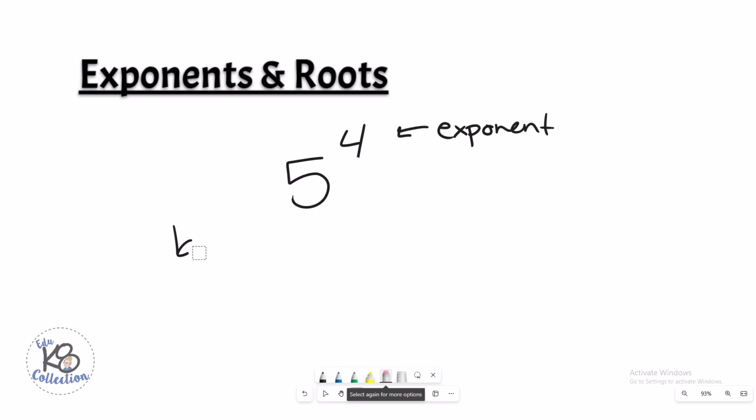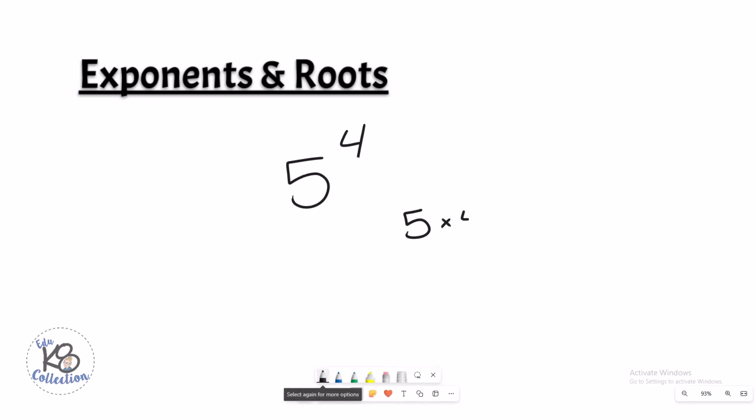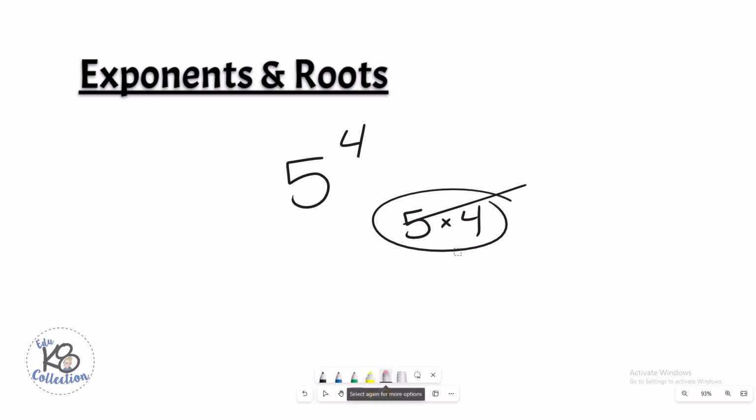So a common mistake is to think that 5 to the power of 4 is just 5 times 4. And that's not correct. If it was just 5 times 4, we wouldn't have this special way of writing it. We would just say 5 times 4.